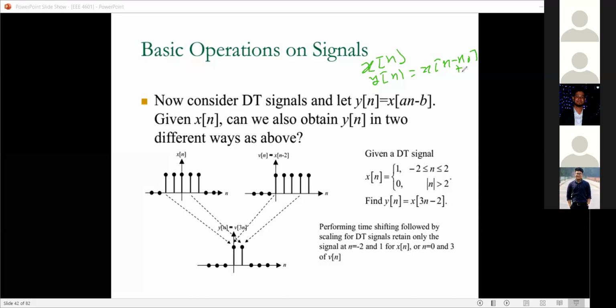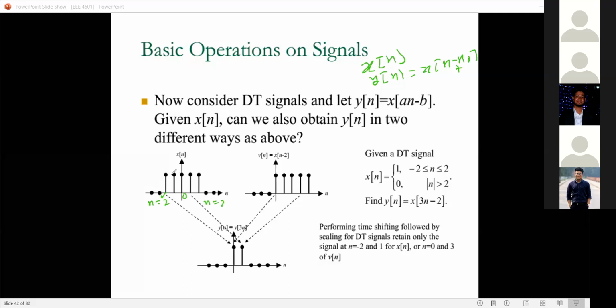Let us consider shifting it by 2 time sample points. Your sample points start from here. If this is 0, then this is n equal to minus 2, isn't it? Yes, sir. And this point is n equal to 2.